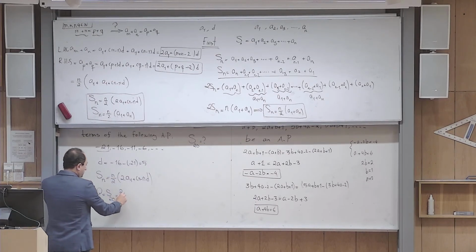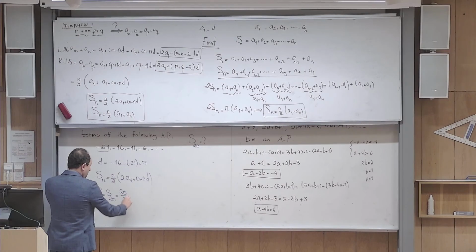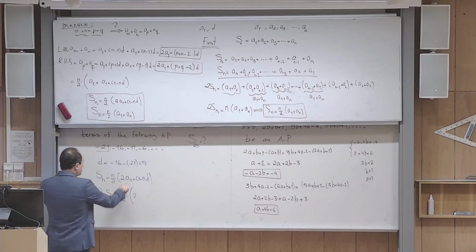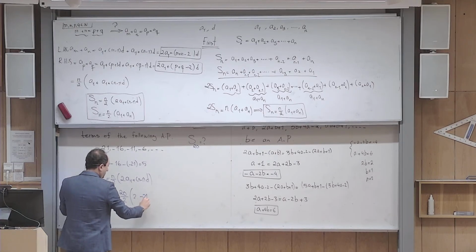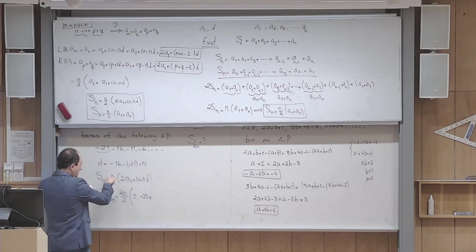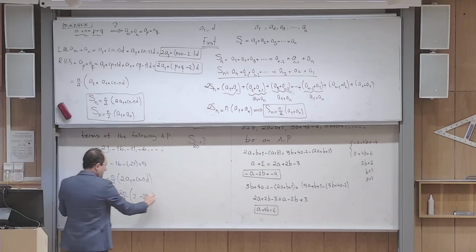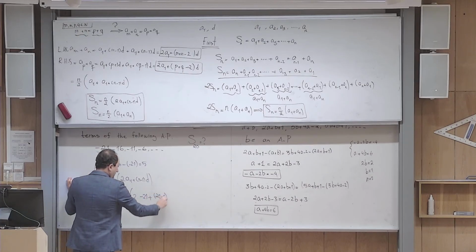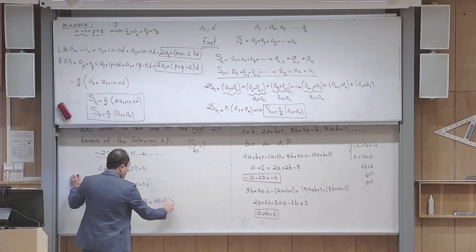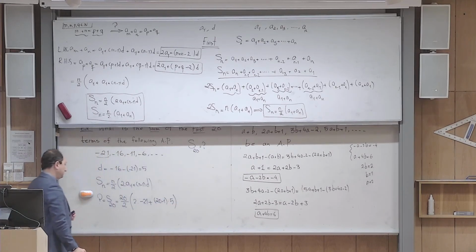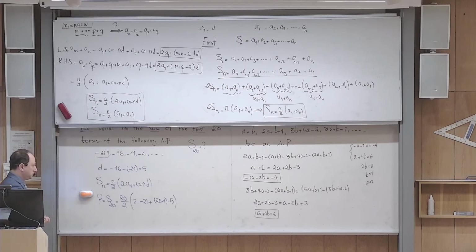So this becomes 20 divided by 2, 2 times a1, I can read it from the problem, it's minus 21. And again, this n is the same n that appears here. It is 20 minus 1. And then I multiply it by d, which I found to be 5. And then I calculate this. Whatever I get is the sum.